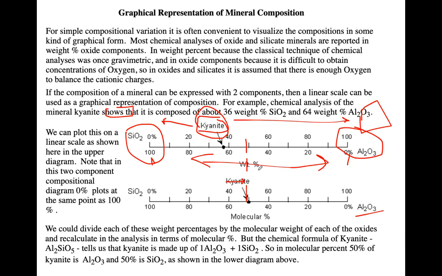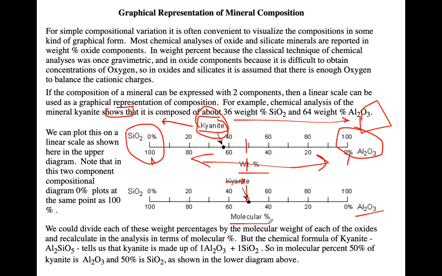When you mix them, you can produce kyanite at variable compositions. It can be the weight percent or molecular percent. Anyway, it represents a mixture of composition, right?